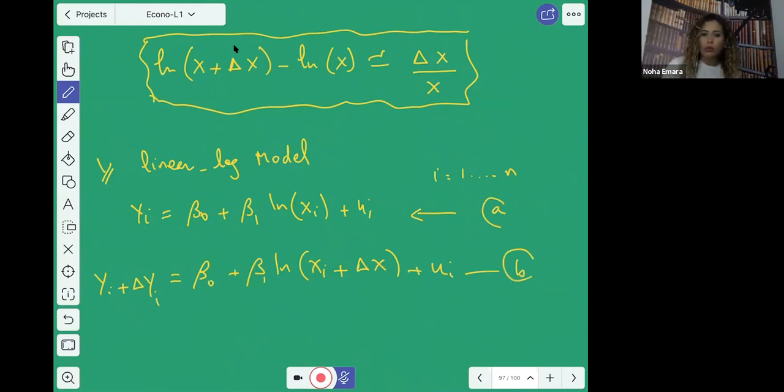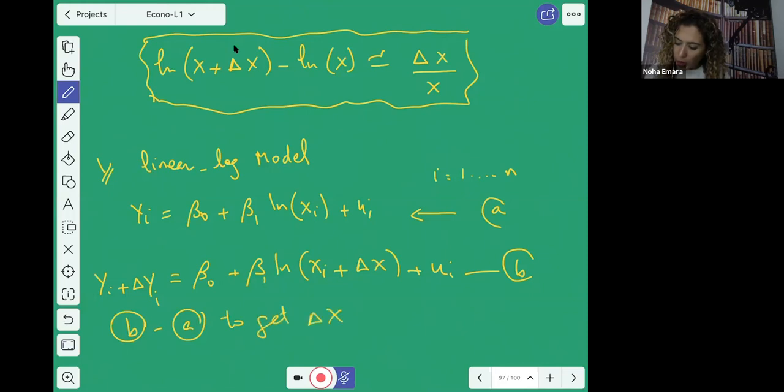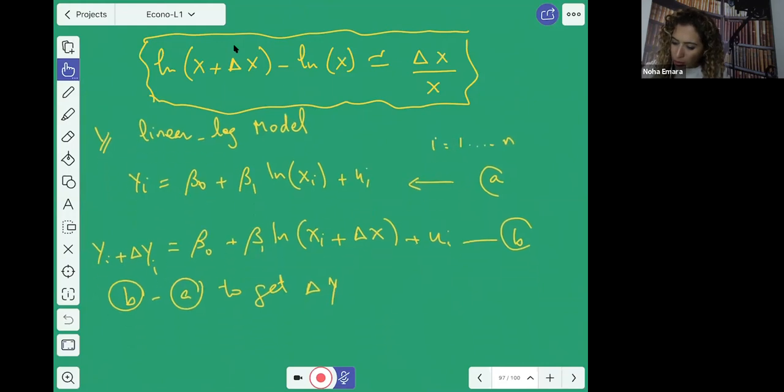So if I want to finally know what is the impact of x on y, then it's going to be equation B minus equation A, to get the change in x and the change in y, which is our dependent variable.